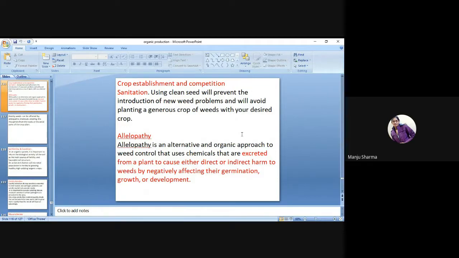Then allelopathy. Allelopathy is an alternative and organic approach to weed control that uses chemicals excreted from a plant to cause either direct or indirect harm to weeds by negatively affecting their germination, growth, or development.